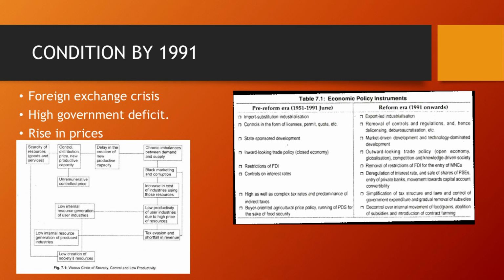This led to chronic imbalance, and there was black marketing, there was corruption, which led to the increase of cost of industries using those resources, which further led to low productivity. There was tax evasion because there was hardly any resources. The produced goods were also generated at a very small range, and finally it led to scarcity of resources. So this became a vicious circle wherein the entire government was quickly facing a deficit.